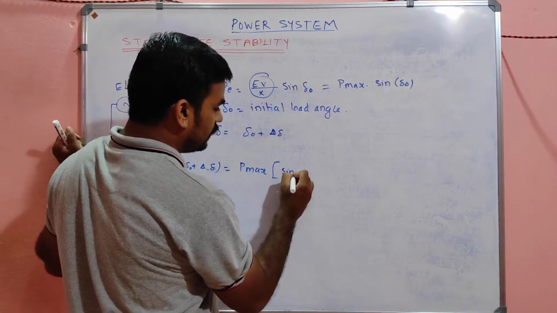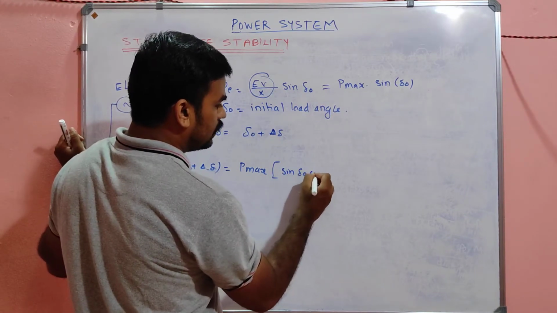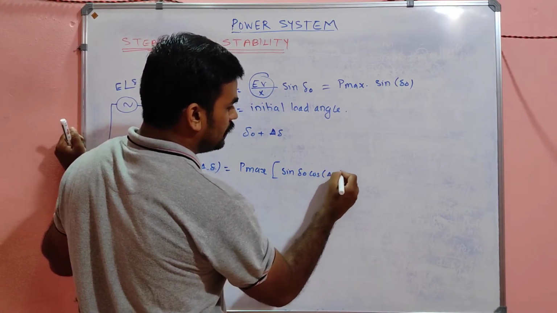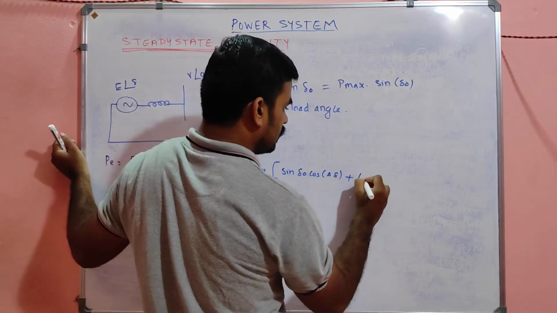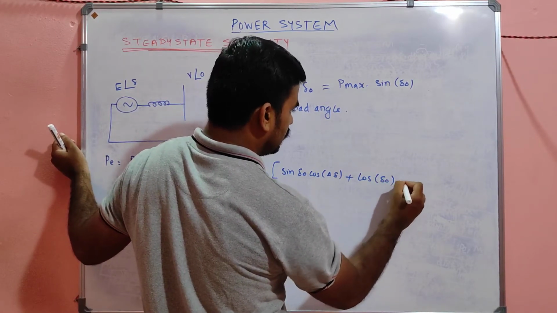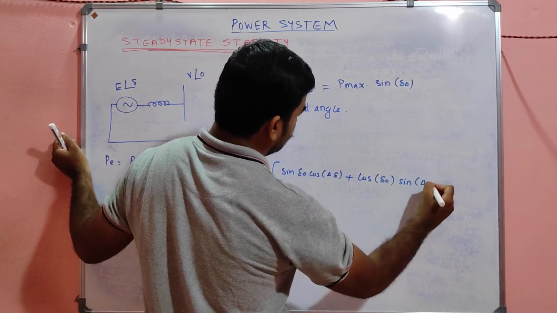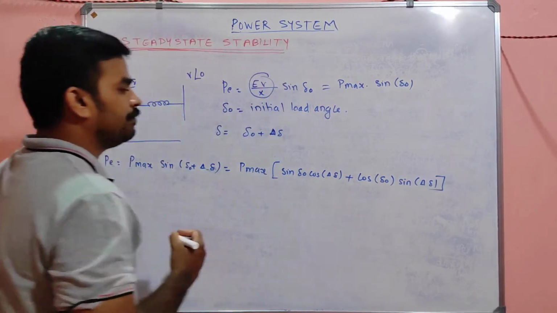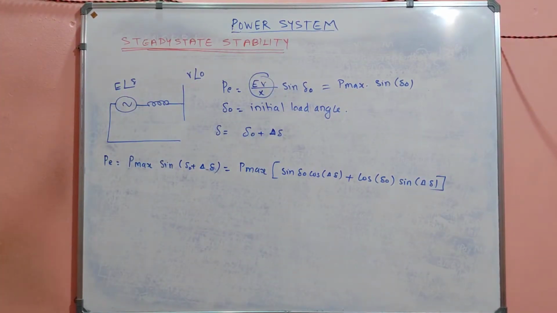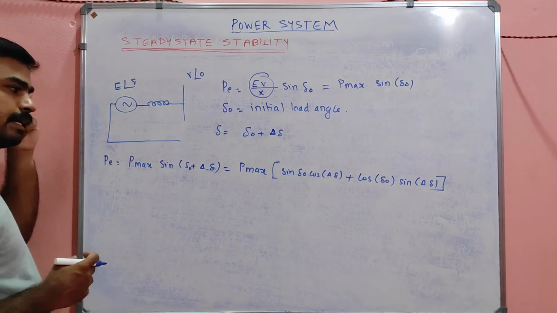It is nothing but sin A cos B plus cos A sin B. So this is the expanded expression for sin of delta 0 plus delta del.